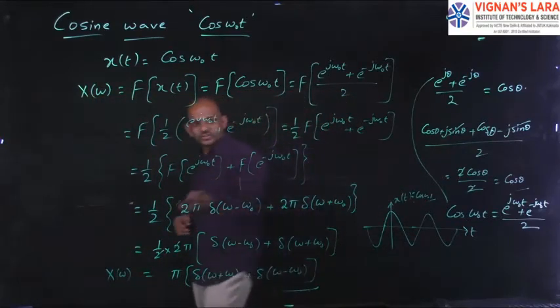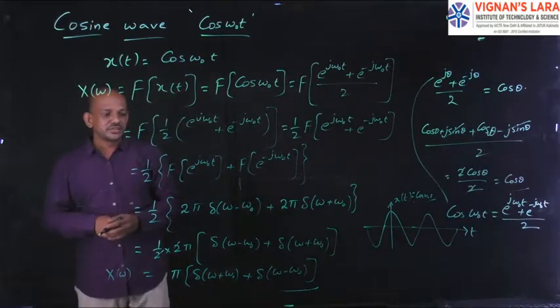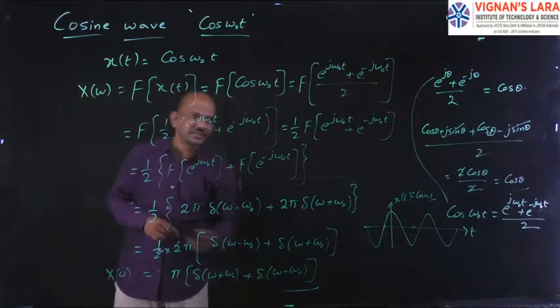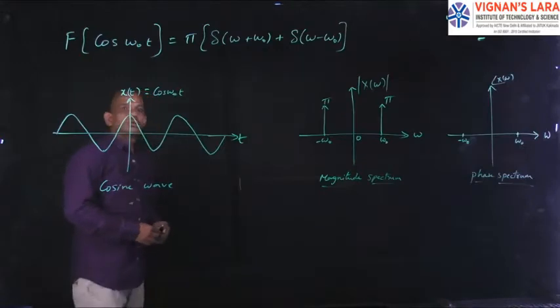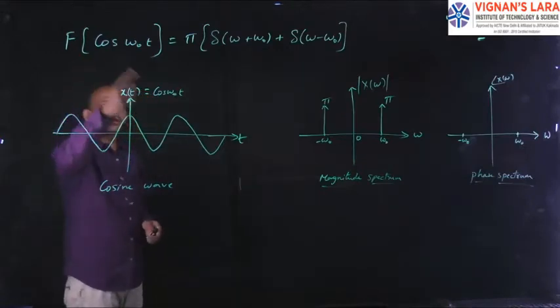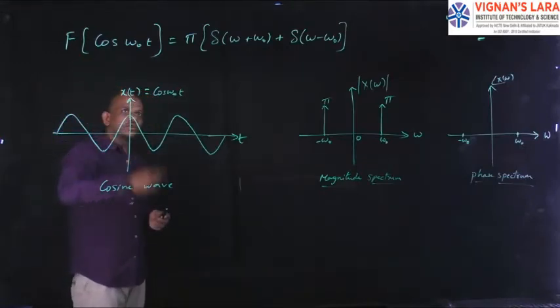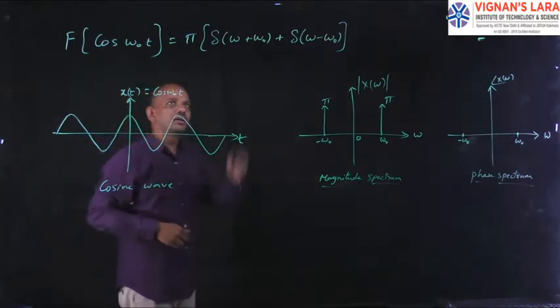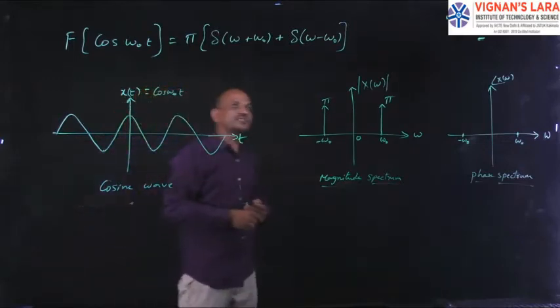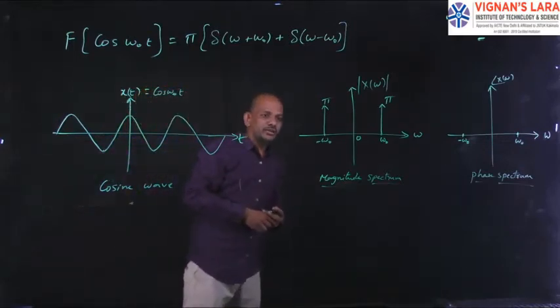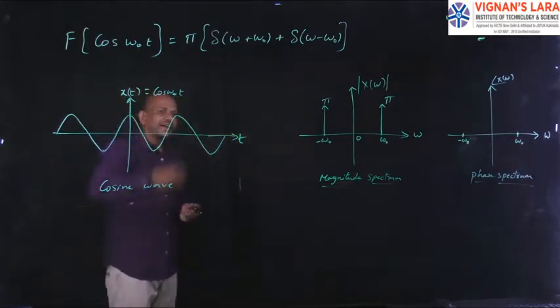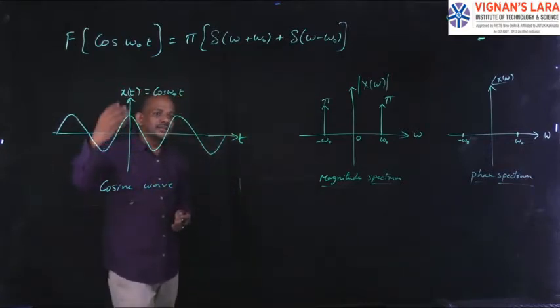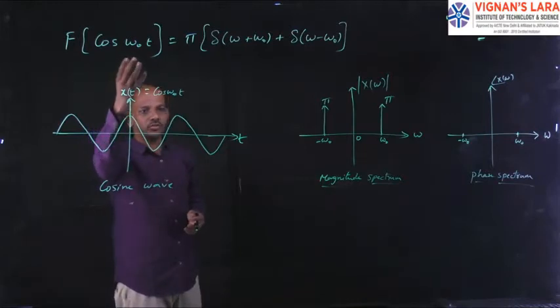So for the magnitude spectrum, how can you get? We get the impulses. I will explain. We know the Fourier transform of cos ω₀t is equal to π into δ(ω + ω₀) plus δ(ω - ω₀). I explained how to get the Fourier transform of cos ω₀t.